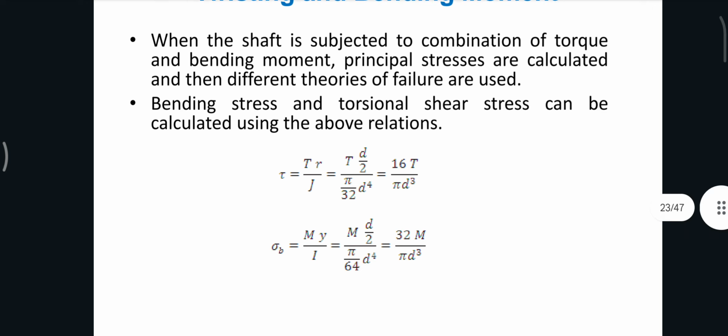Tau equal to T R by J, R equal to d by 2, J equal to pi d to the power 4 by 32. Bending stress sigma b equal to M y by I, y equal to d by 2, I equal to pi into d to the power 4 by 64.